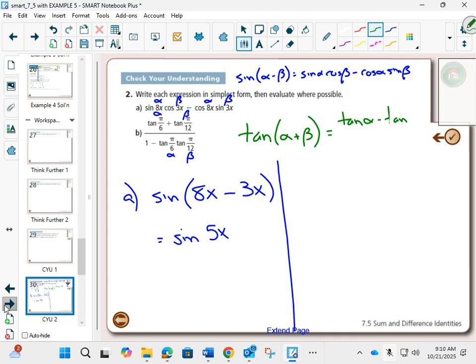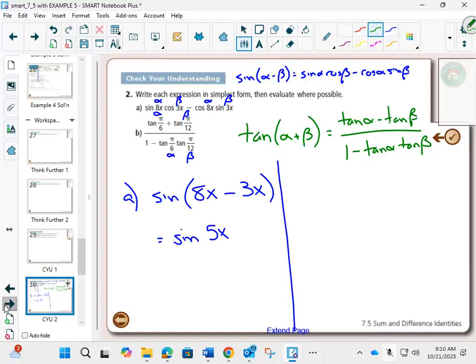So on our formula sheet we have tan alpha minus tan beta. Does it match up perfectly? It does. Okay?